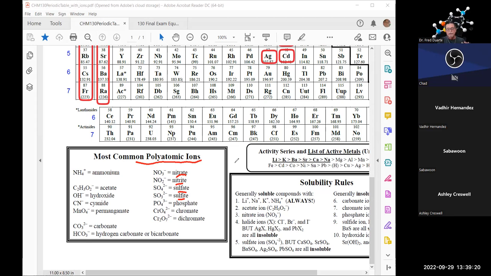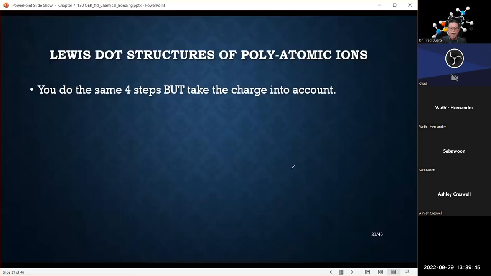It means that these electrons, depending on the charge, are being tied up structurally and bonded to something, so they have to be accounted for in a different manner. We have like a correction factor, basically. So we do the same 4 steps, but we take the charge into account.